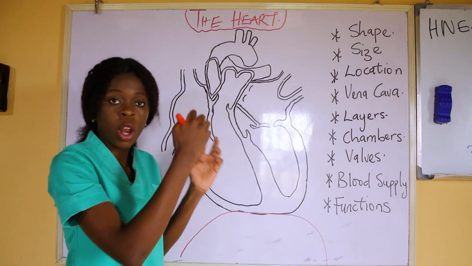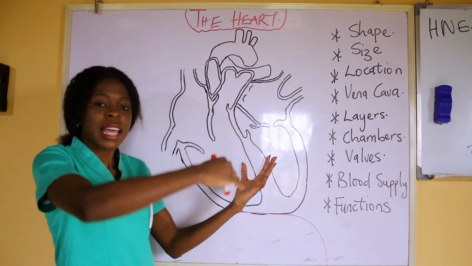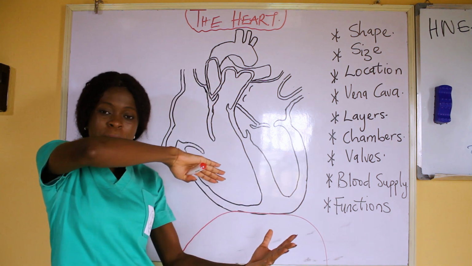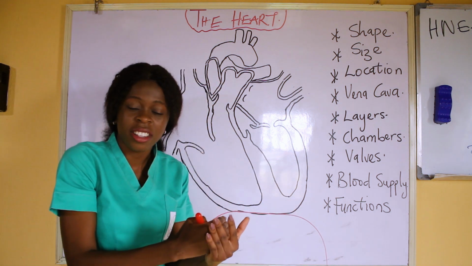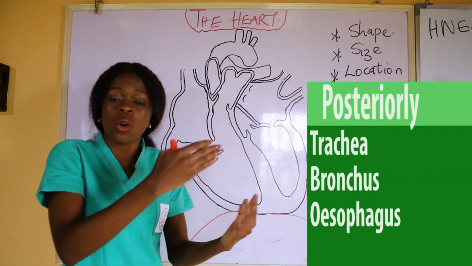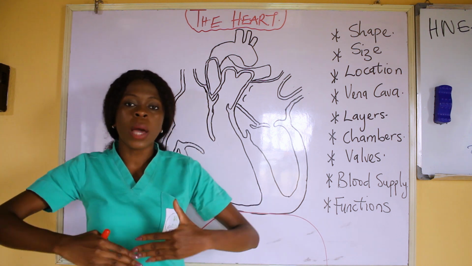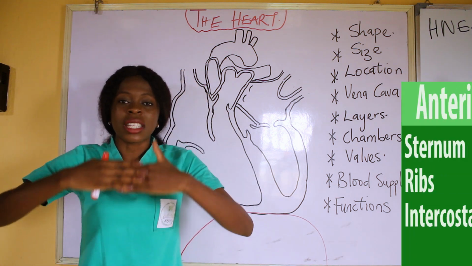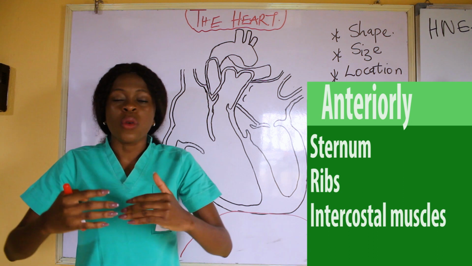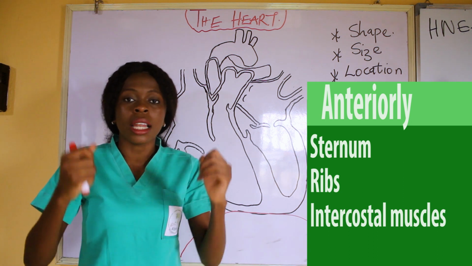Then posteriorly, that means at the back part of the heart, you have the trachea, the bronchus, and the esophagus. Anteriorly, we have the sternum, the ribs, and the intercostal muscles.